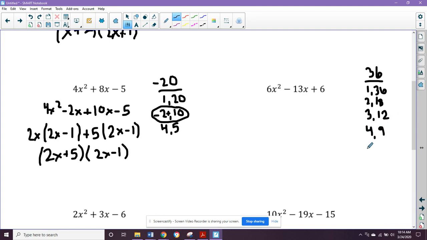And then 6 and 6. We need factors of 36 that add or subtract to give us negative 13. So that's going to be minus 4. So negative 4 minus 9.